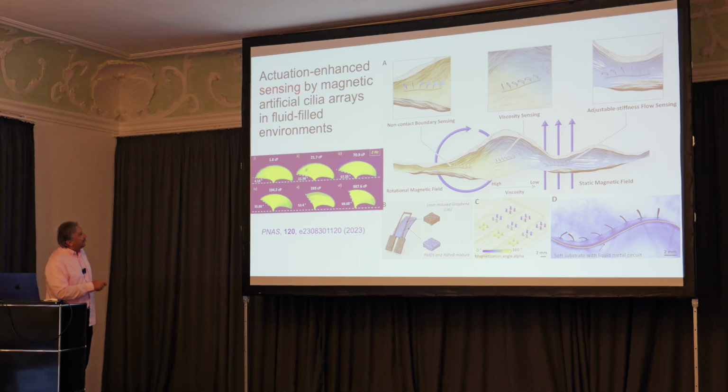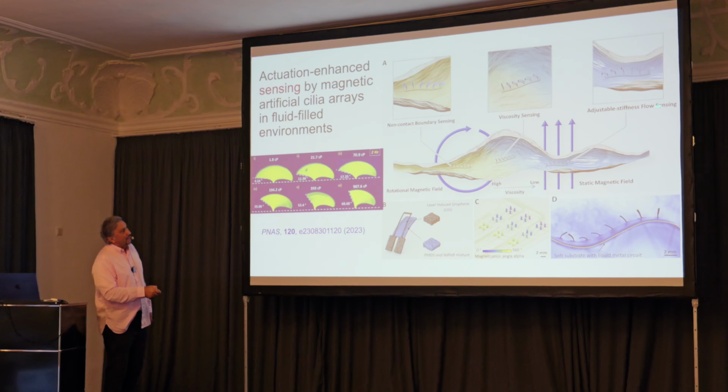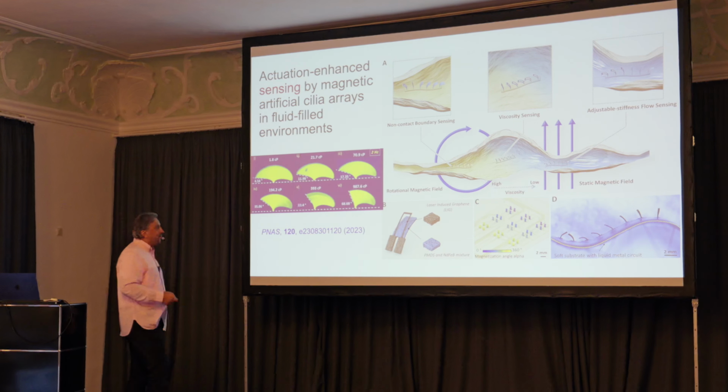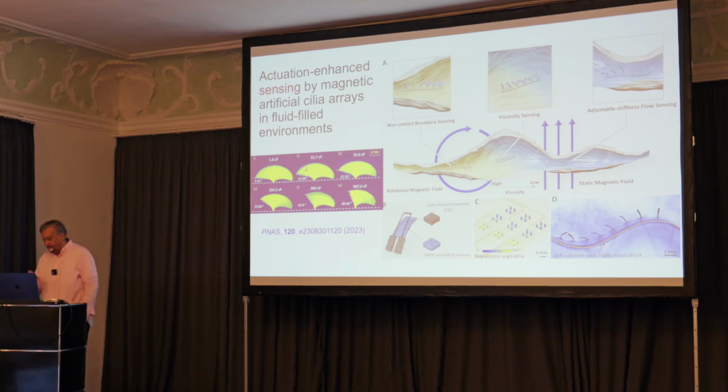And now, actively moving them inside the fluid, we can detect boundaries, we can detect the viscosity of the fluid, we can even do flow sensing. So basically, the same actuator can sense the environment and do a lot of interesting things as an active system.